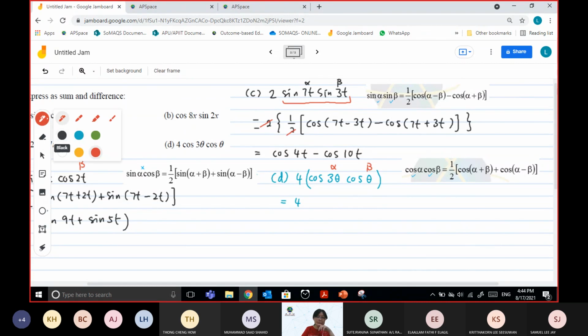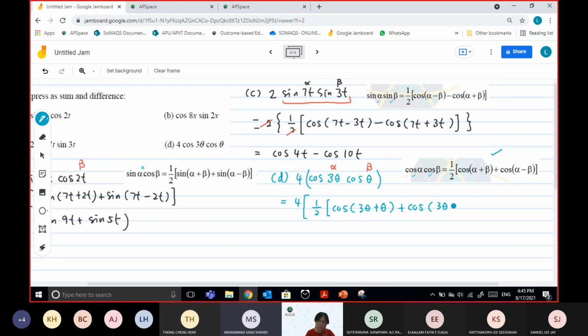How am I going to plug alpha as 3 theta and beta as theta into this formula? Half, then what? Cos 3 theta plus theta, plus cos 3 theta minus theta.